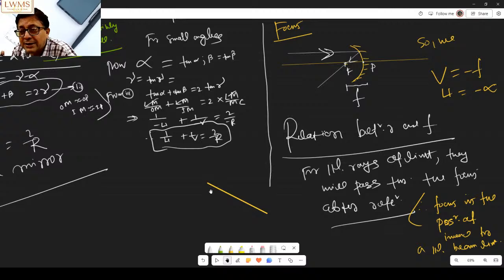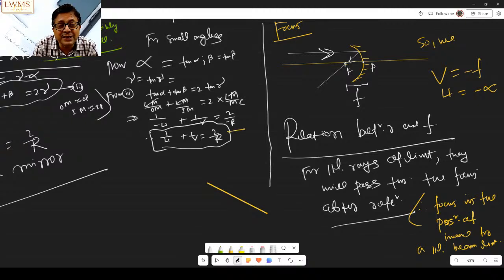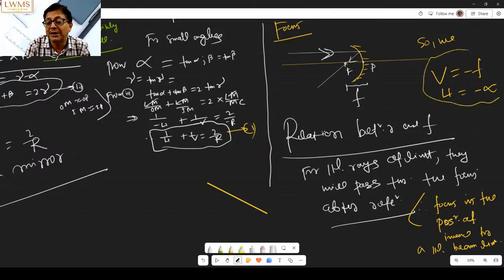So V is at minus F, for which U was at minus infinity. So if this is our equation 1, then you put it there. See what you are getting, very interesting. F and R will be related.